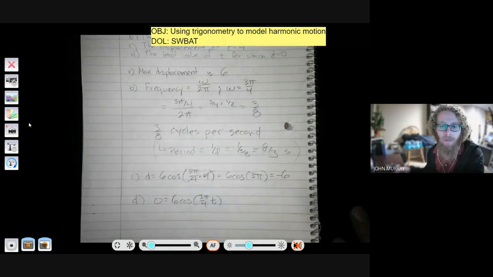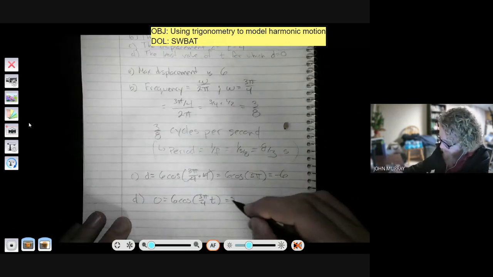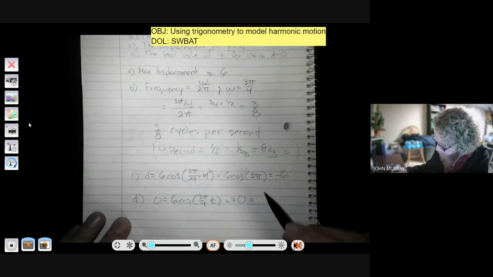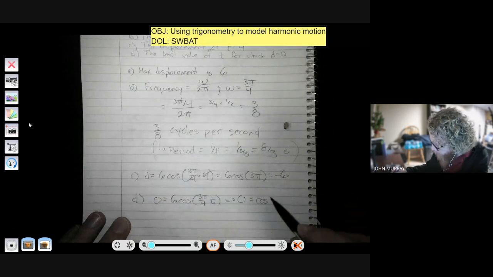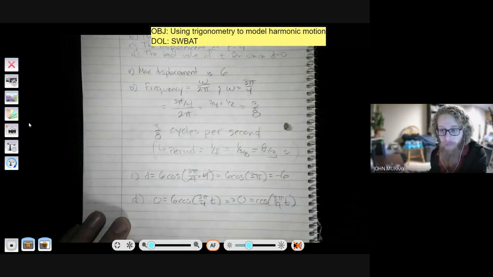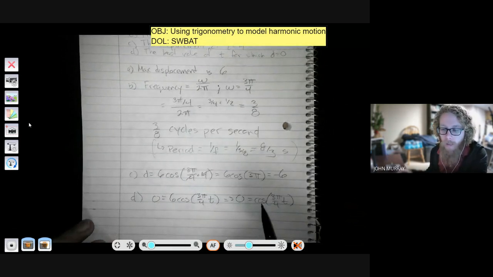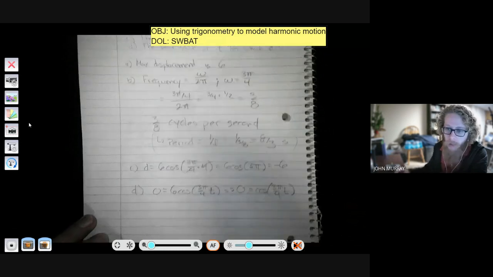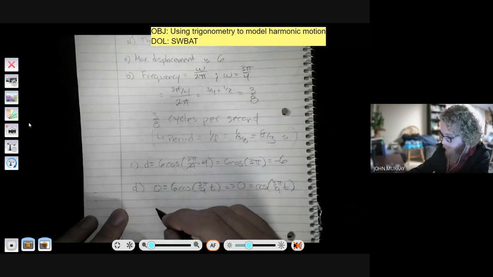So I have the 6 out front first, so I'm going to divide both sides by 6. 0 divided by 6 is 0. So now I want to get rid of the cosine, so our inverse trig comes into play here.